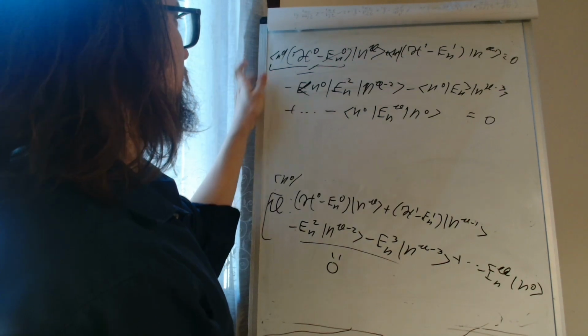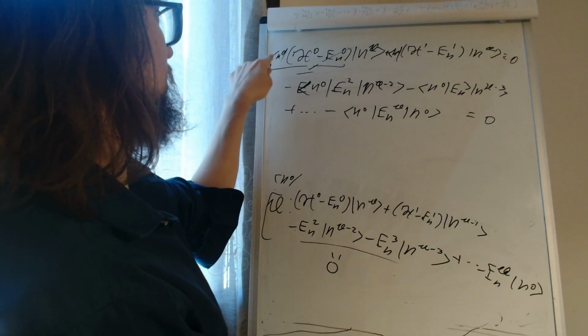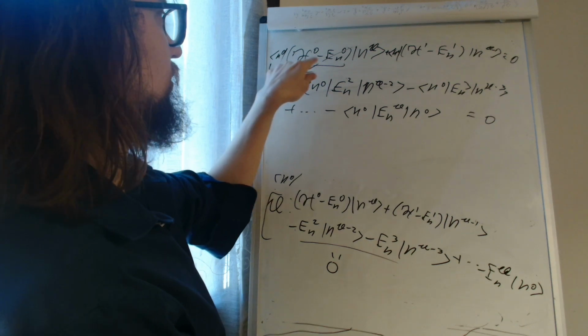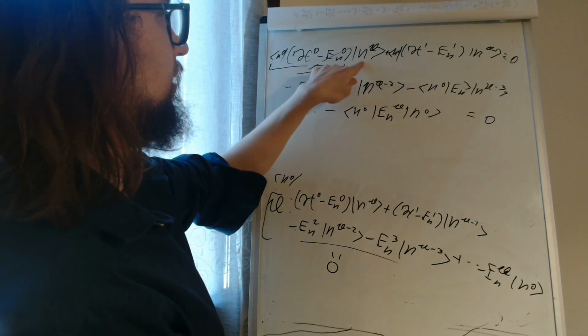So this term is always 0 because we always have n0 times (h0 minus e n0).